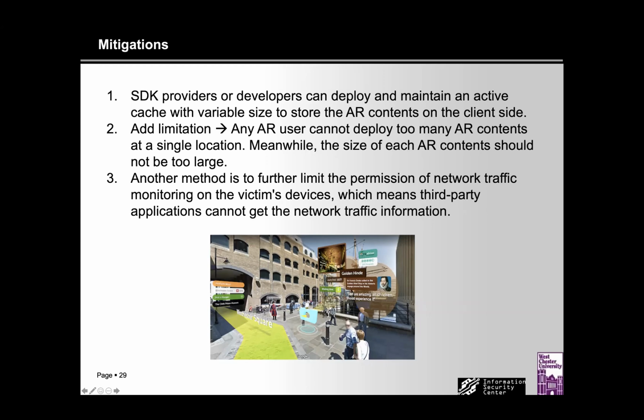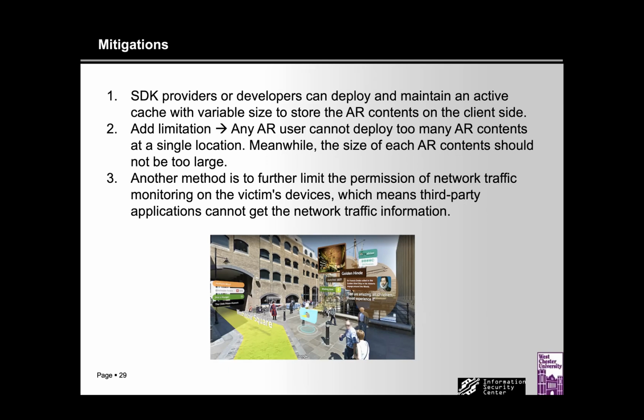But the problem is, when you build large AR systems, the attacker can still bypass this defense strategy by creating a lot of fake accounts, and for each account they only submit a very small AR content, but once you aggregate all of them together, they might still bypass these restrictions. But still, adding this limitation will certainly make this attack harder.